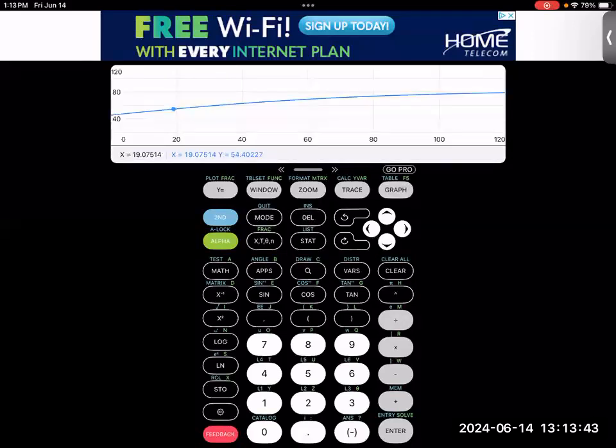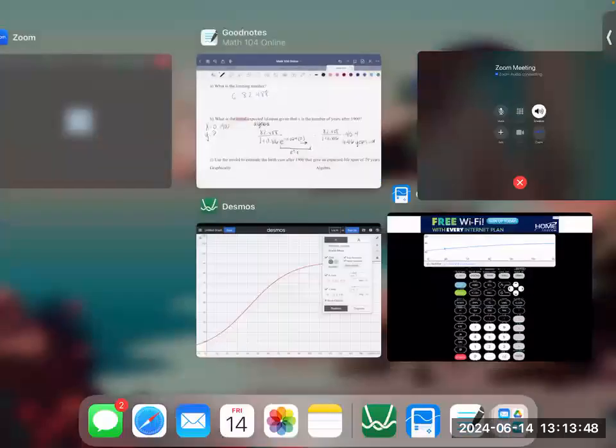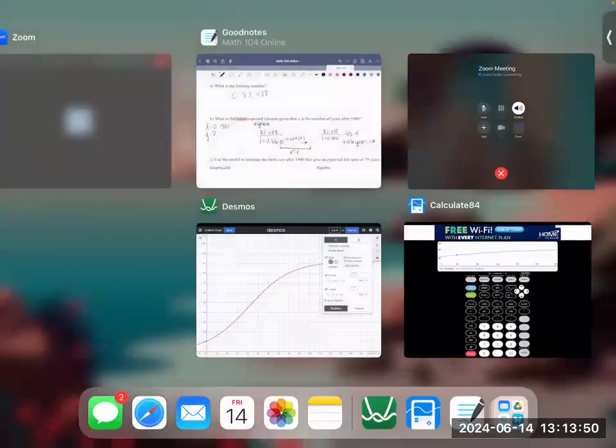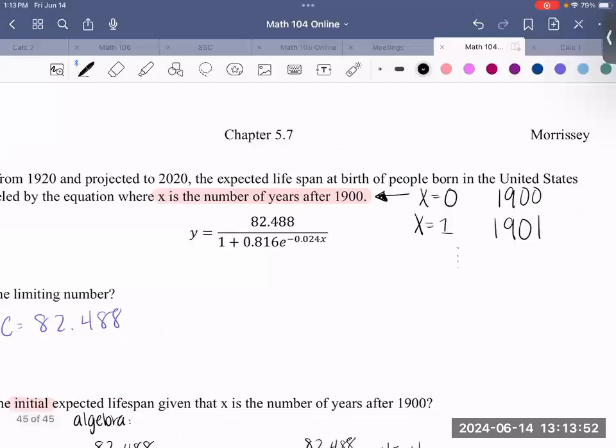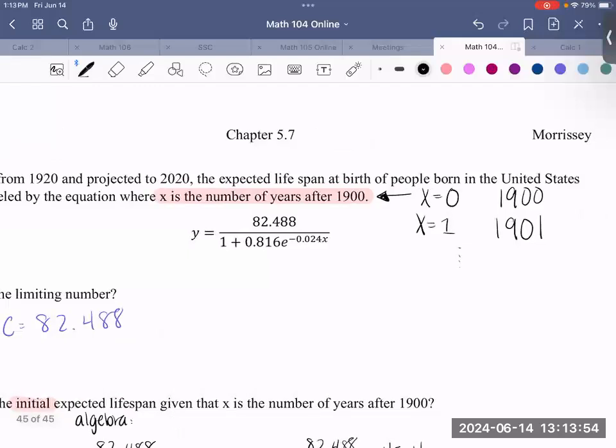Okay. So we don't get our S shape, but what I did here is we're talking about the year 1900, right? So our x values are going to start at 1900. And if we're talking about the year 2020, that's 100 years plus 20 more.